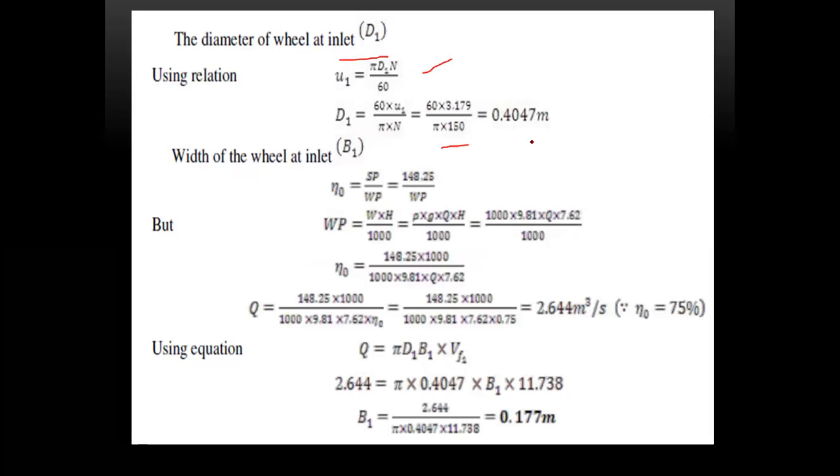Therefore, you are getting D1 is equals to so on. Now, the width of the wheel at inlet. Upon calculating all the values, we are getting this one. The discharge Q is equals to, upon solving this, we are getting these values. Finally, B1 is 0.177.